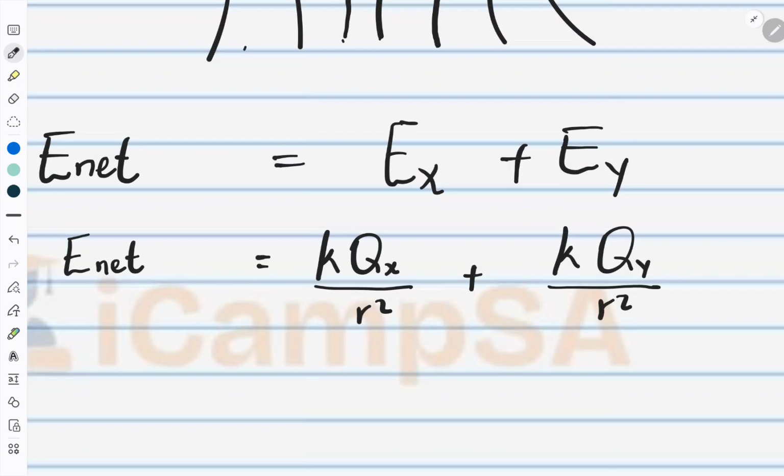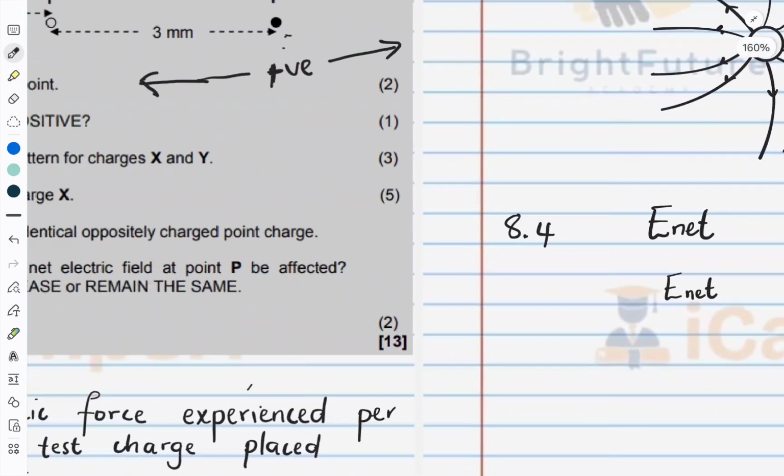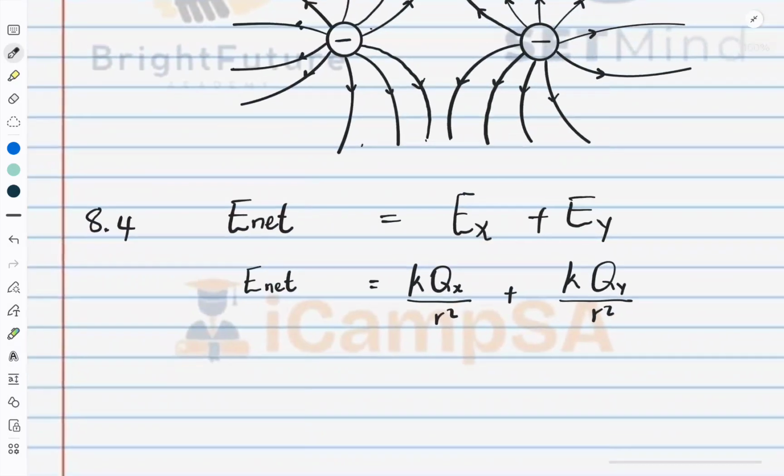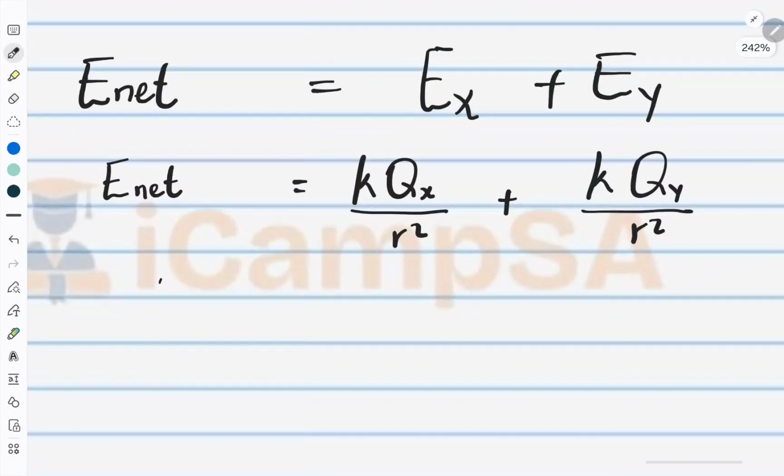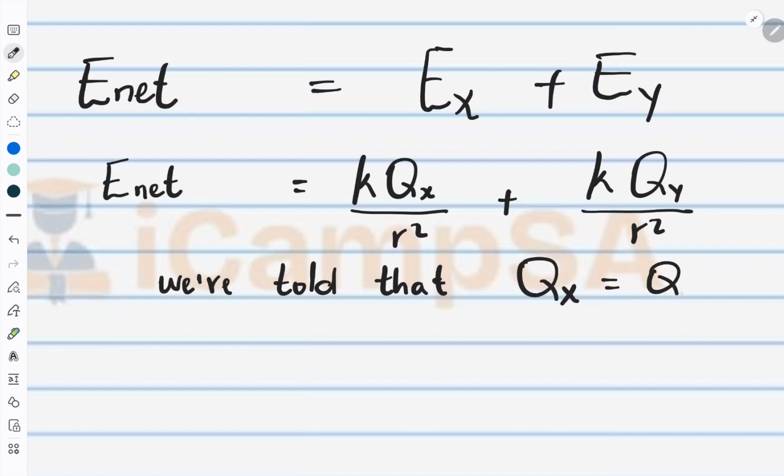But remember, we are asked to find QX, not QY. So for the magnitude of the charge X, we are told that QX is the same as QY.